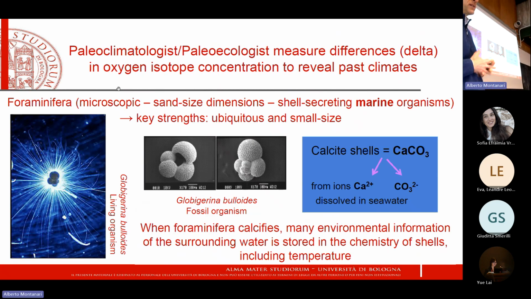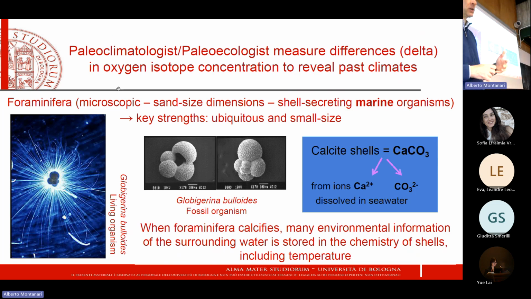A few more words about the foraminifera. The foraminifera are marine organisms and very microscopic. They have a sand-size dimension, and they are ubiquitous, and therefore they are very convenient. Also, given their very small size, they are easily trapped into the sediments and into the probes. What they include in their shells is precisely information about oxygen isotopes.